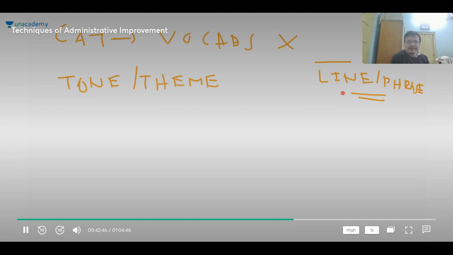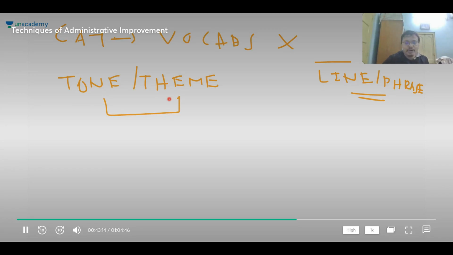So mostly they are lines or phrases, which means if you read the line in one go or you read the paragraph, you'll get an understanding of what the author is trying to say. So try and decipher the meaning by reading that particular line or phrase. The only exception could possibly be questions on the tone or theme of the paragraph, where they might be using words like didactic, sarcasm, and so on.